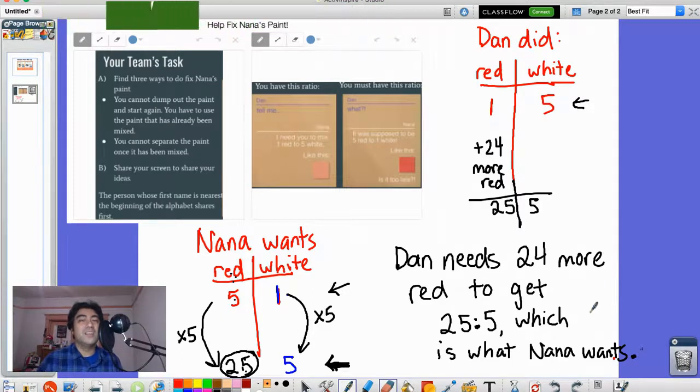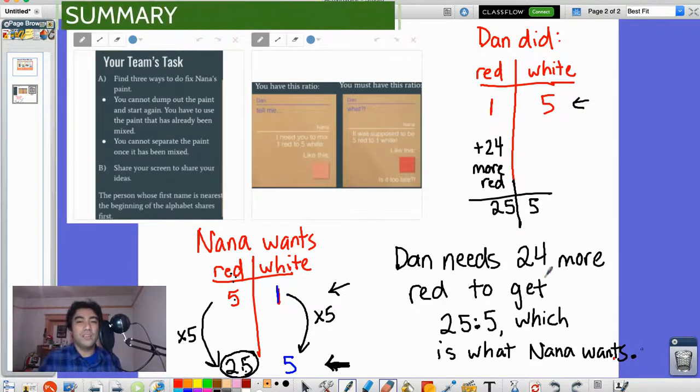Let's summarize this real quick. I decided to use a table way, and I decided to put 2 tables to compare what Dan did to what Nana wants. And then I said, hey, we have 5 white. So why don't I go from 1 white to 5 white?